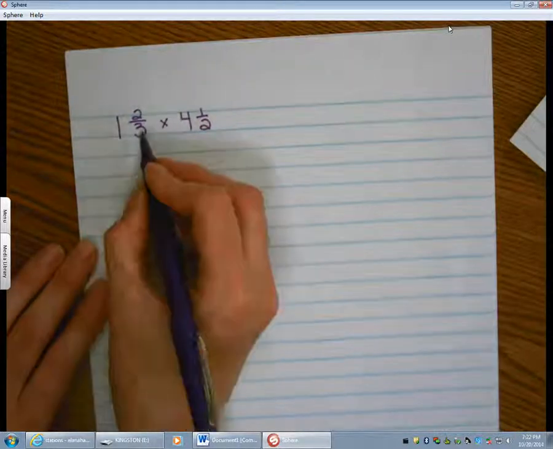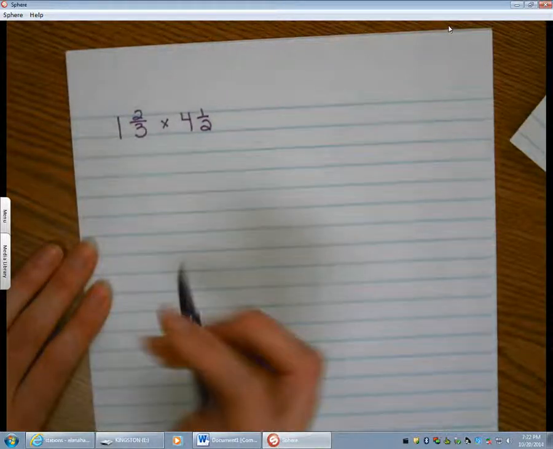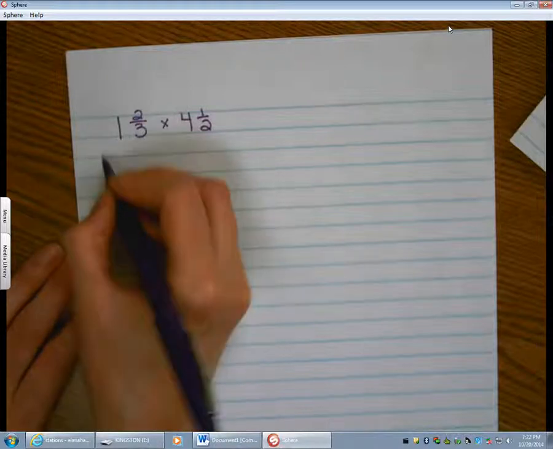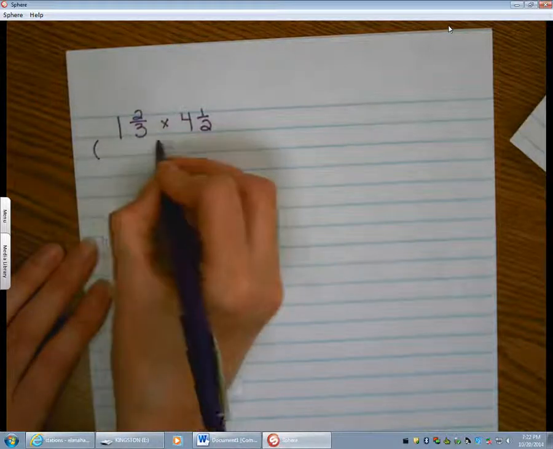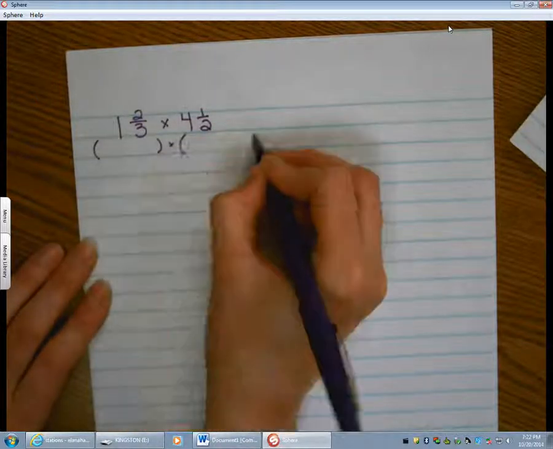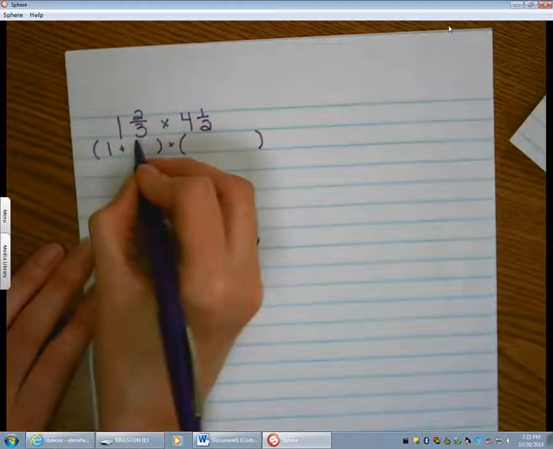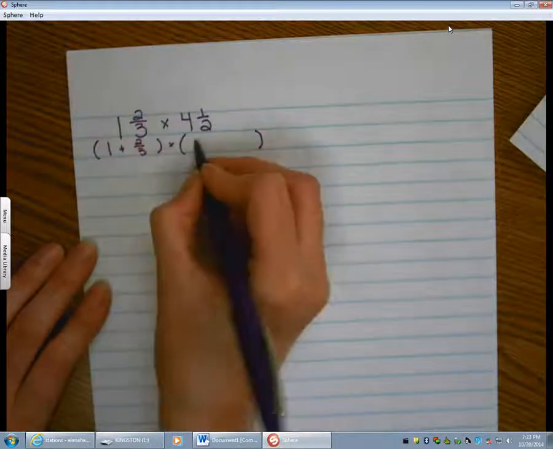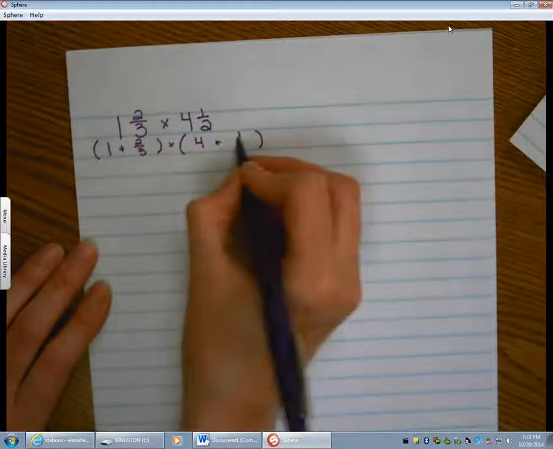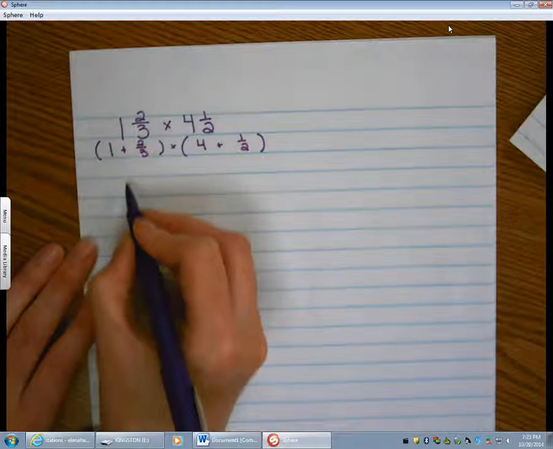And again, I'm going to separate my mixed number into both their whole number part and their fractional part. So this would be 1 plus 2/3, and this would be 4 plus 1/2. And that's going to help me set up my area model.